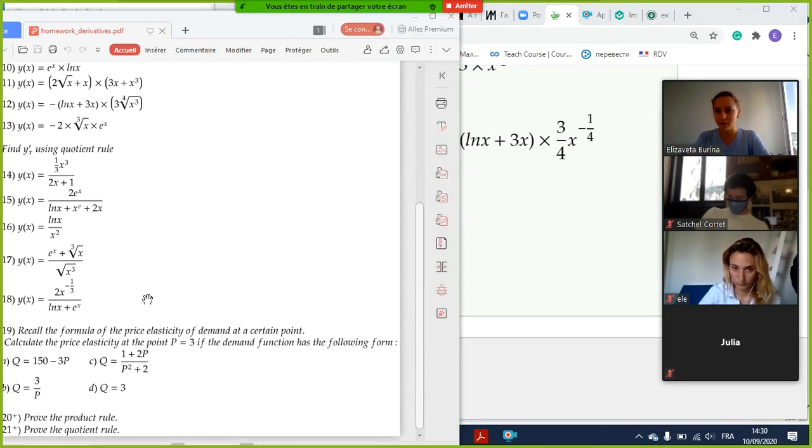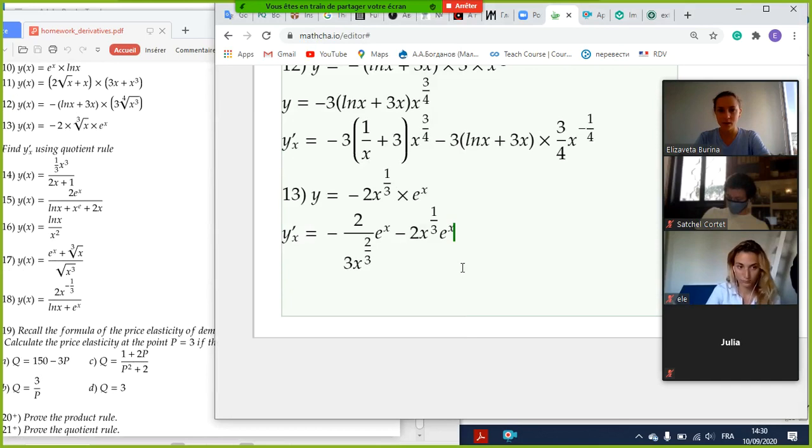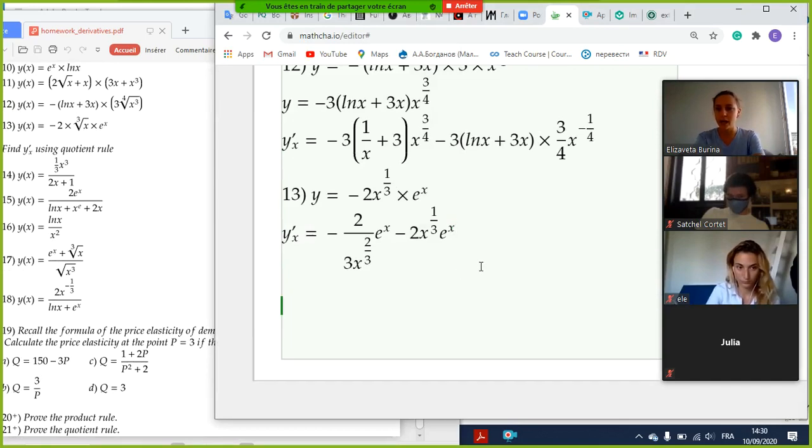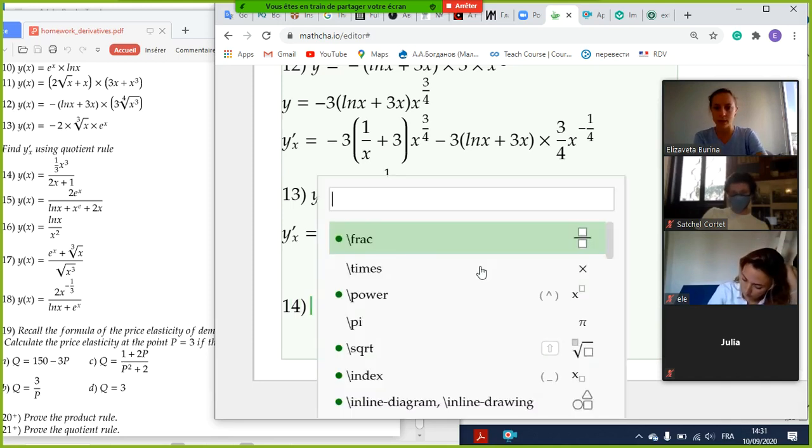Now let's move to the fractions. And here, nothing super crazy bad, but well, these examples I think are better than those that I gave you in class yesterday.